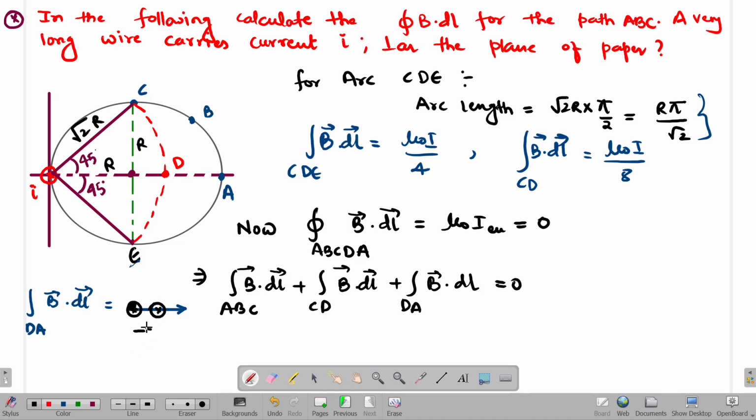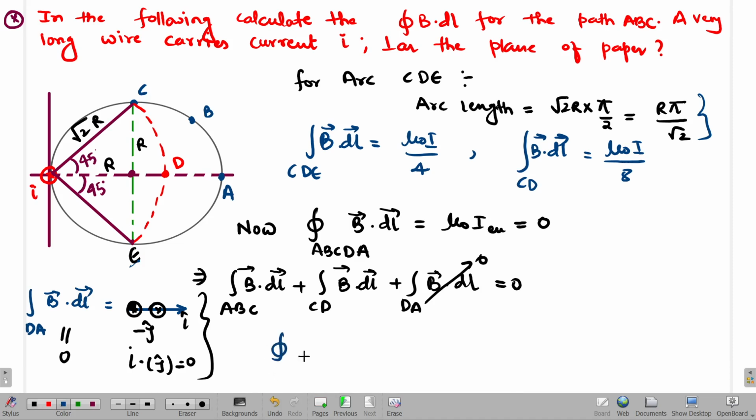So let's consider minus J cap. Well, B vector will be on this loop. DA is also a loop, so I cap. So I dot minus J cap is how much? 0 or not? So this means that integral B dot DL for DA is how much? 0. So this term is 0.